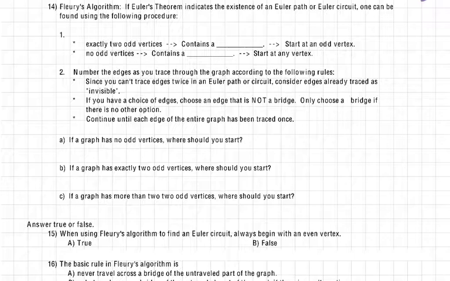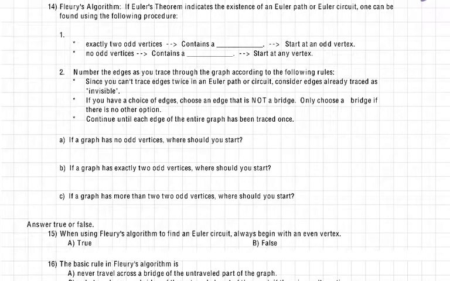Mathematicians build off of other mathematicians' ideas, and there's a mathematician, Fleury, who came up with an algorithm for actually finding where the Euler path or Euler circuit is using a certain procedure. Essentially, first you look at Euler's theorem and determine whether or not the graph has an Euler path or Euler circuit. If one exists, then you continue on.